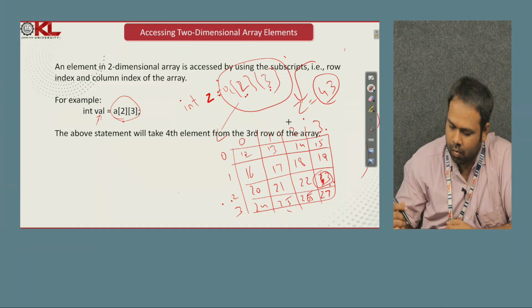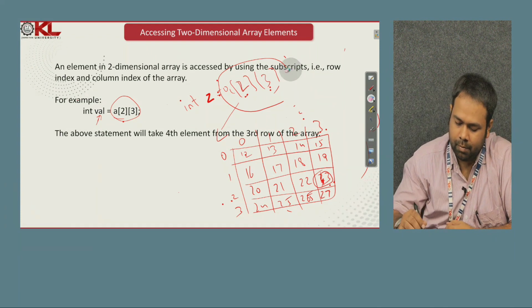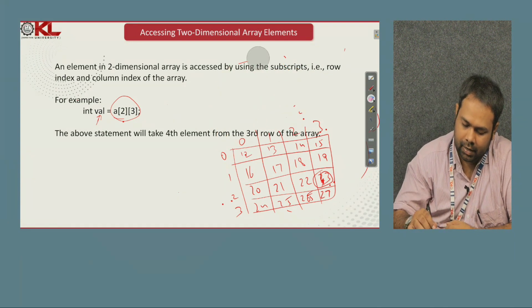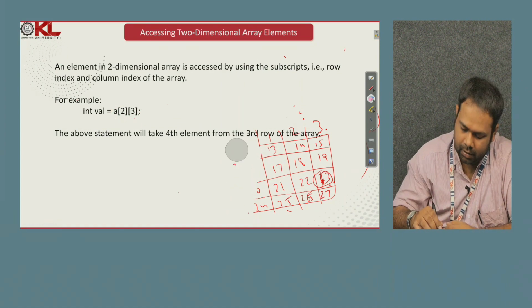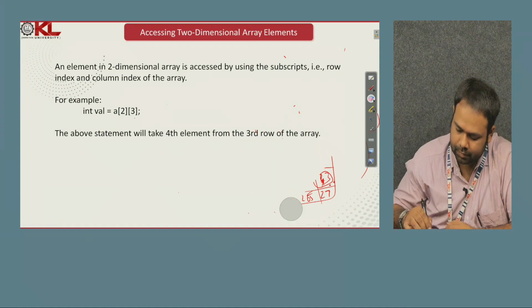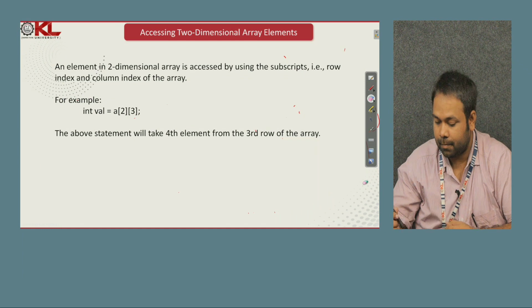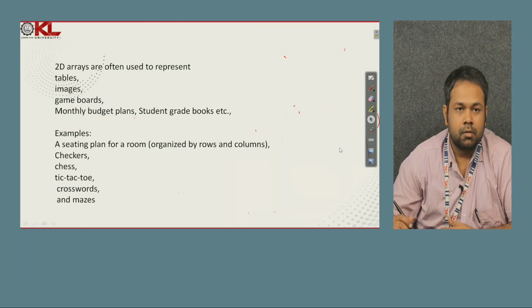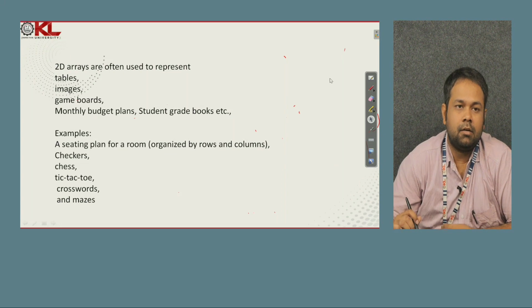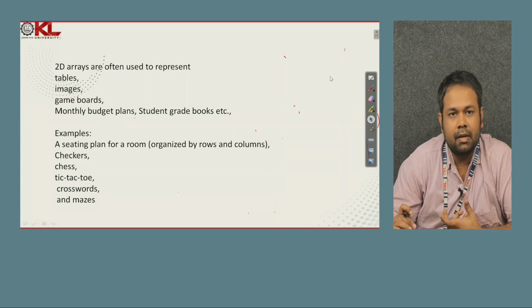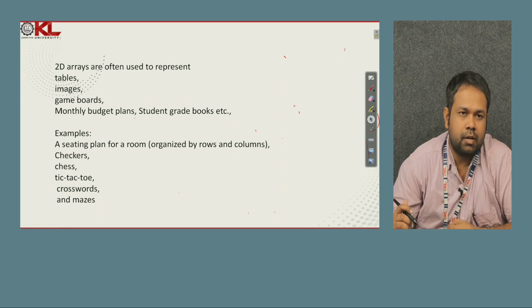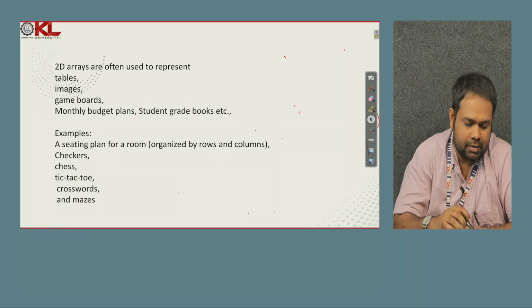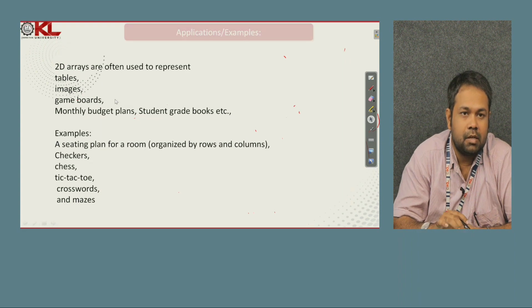Okay. Now, let me go to the further slide. Before that, let me erase this. So here, if you ask me what are the real time examples where you can see 2D arrays usually, you can say some tables, some images, some game boards.